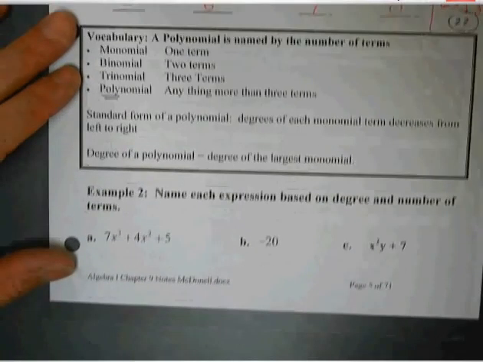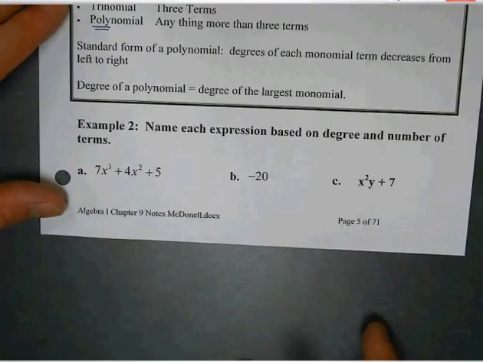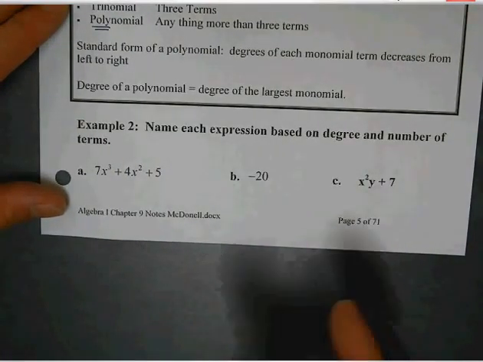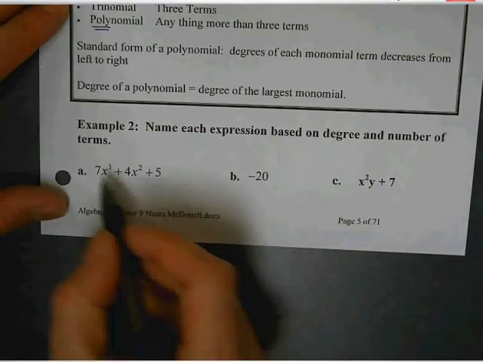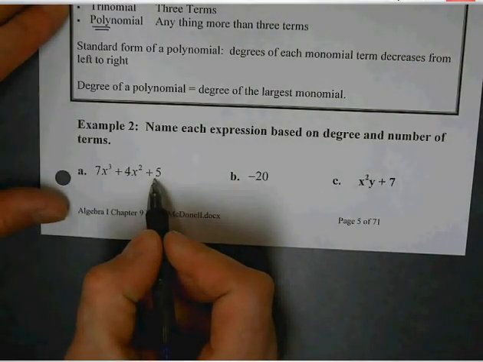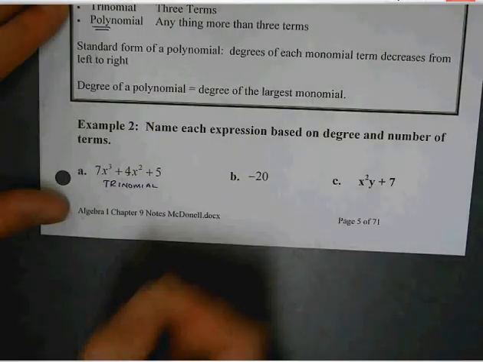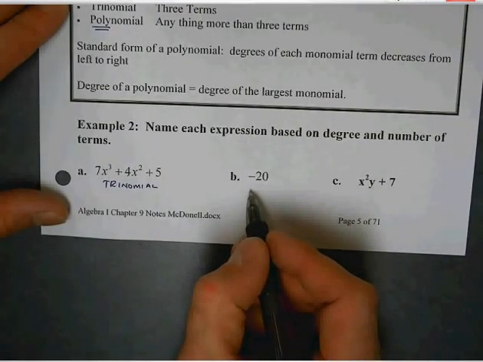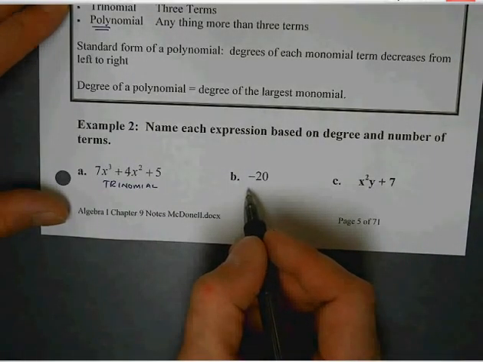So here we go. Down here at example 2, we're going to try to name the expression and then name it by degree. How many terms does this one have? 3. So that's called a trinomial. How many terms does B have? 1. What's a one-term thing called?